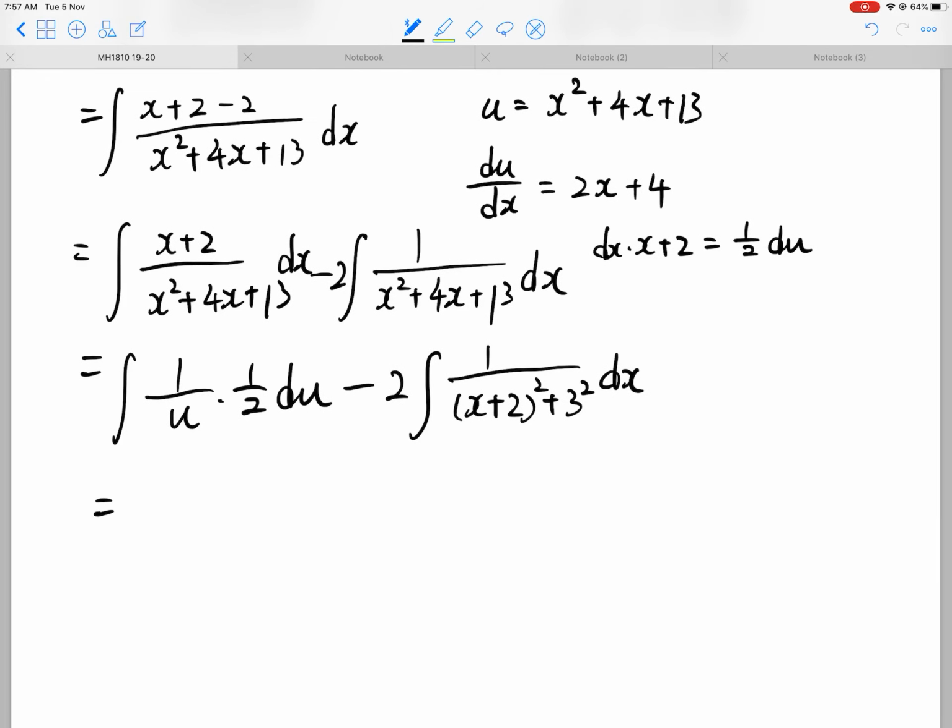Right. So this part is half ln absolute value of u. And this part, you can apply the formula again.